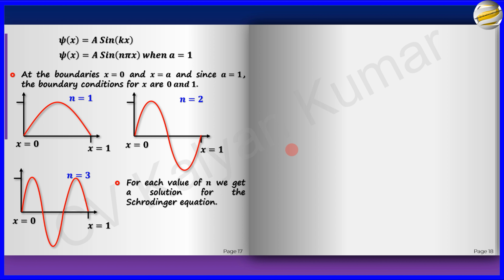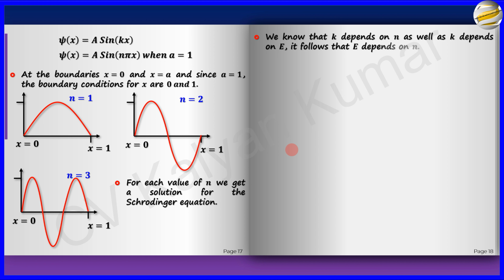That is the key. Now, we know that k depends on n as well as k depends on E. Remember that. K depends on n. We just said that k is n pi by a. And remember, k depends on E. Remember that root function, root of 2mE by h bar, was k.